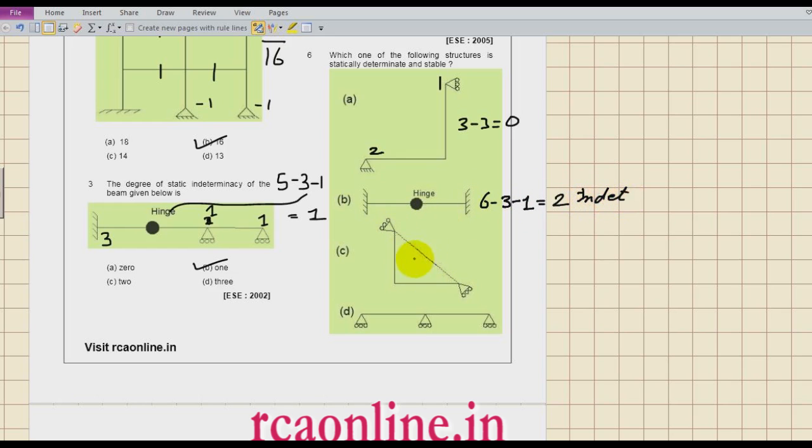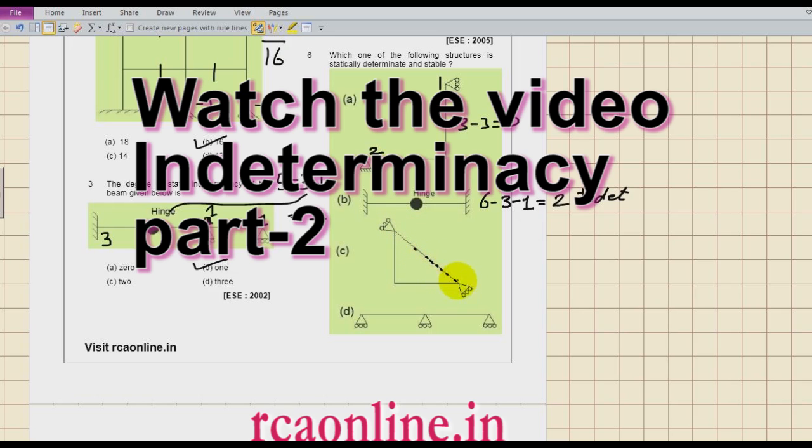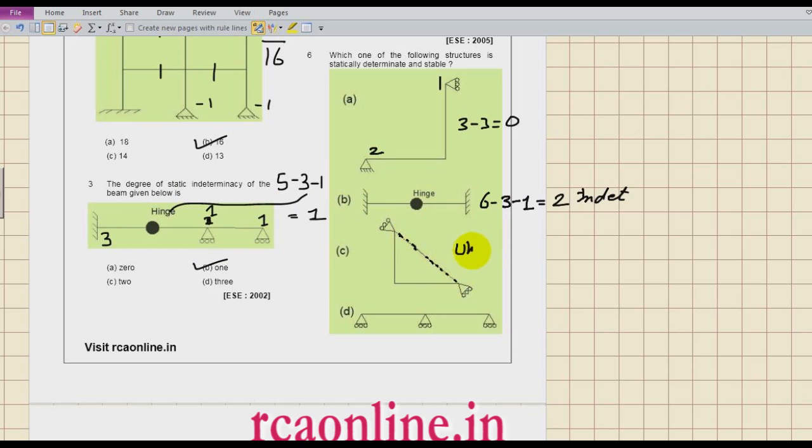In this, if you have seen my lecture, then you will find that at one point I discussed that if the reactions are concurrent, then the structure is unstable. Here the examiner has shown you that these two reactions are concurrent. Hence, this is unstable.